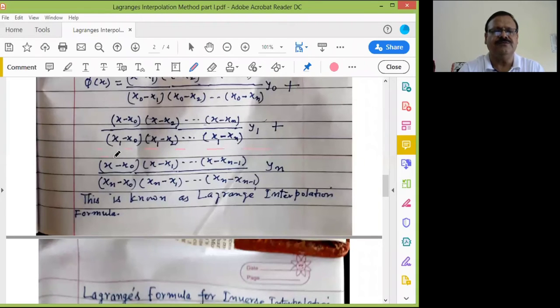Similarly, there are several terms in between that we have to write here.